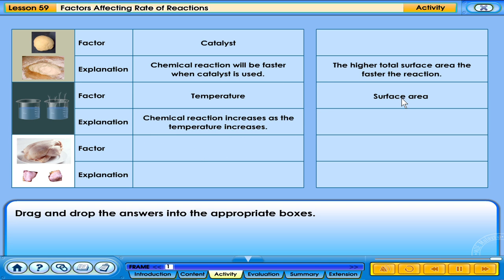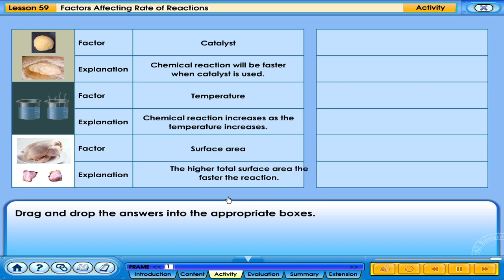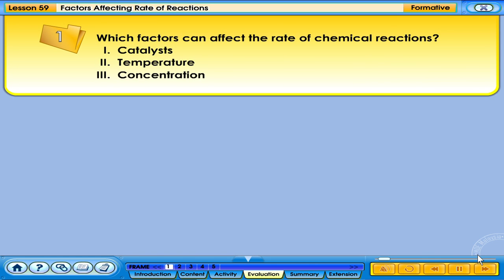Please try again. Which factors can affect the rate of chemical reactions? 1. Catalyst. 2.